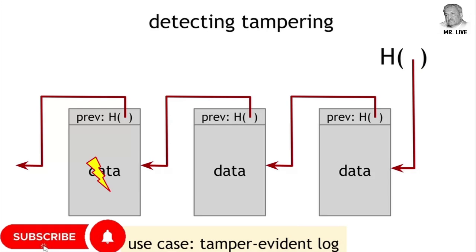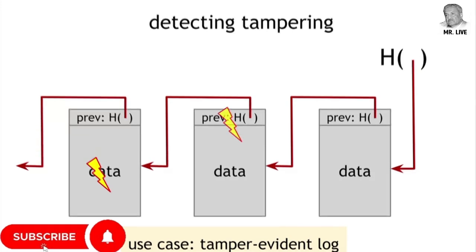Or we could do that unless the adversary also tampers with the hash pointer. If he tampers with this hash pointer, then he makes these two match up. But now he's changed the content of this block. And what that means is that when we come back later and hash the contents of this block, it's not going to match the hash that we remembered before because the contents of the block has changed.